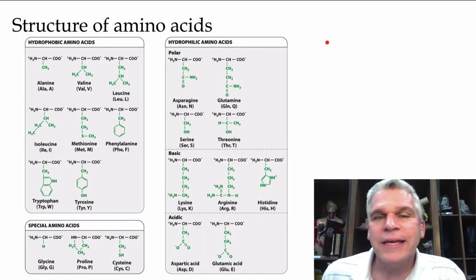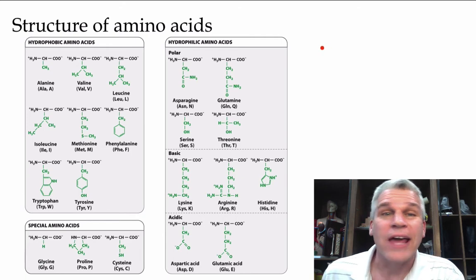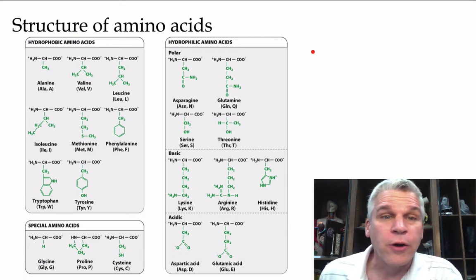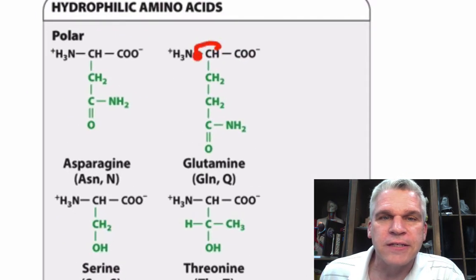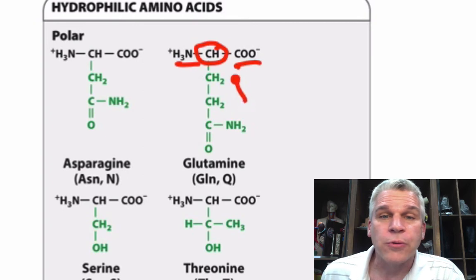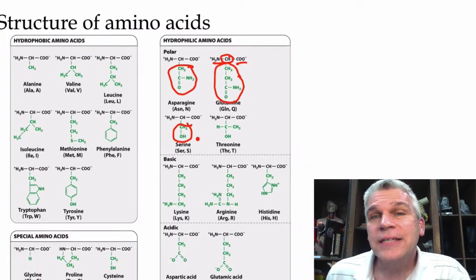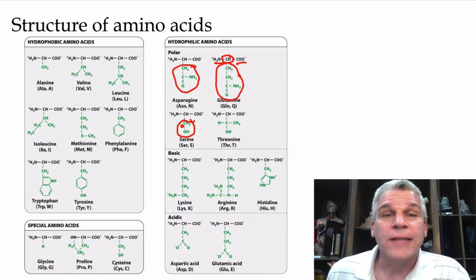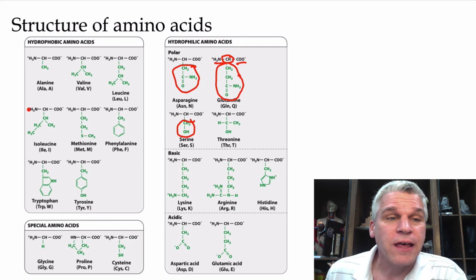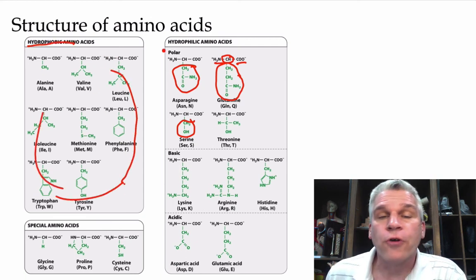So let's take a look at these variable groups. What you see in green represent that R, or that variable group. Notice showing, for instance, in this case, the C, the centralized carbon, and the H. We have the acid group and the amine group. What's shown in green is that variable group. So every area in green is different. Now, this does give the amino acids some unique properties. So for instance, these particular amino acids are hydrophobic.